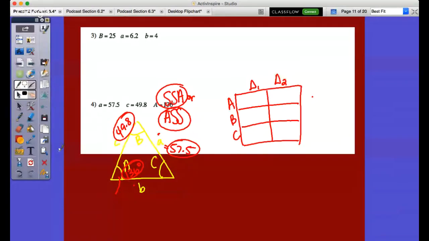So as we look at this, let's do the law of sines, where we do the sine of 136 over 57.5 is equal to the sine of, the only one we could do is here because we don't know B or little b. So we'd say sine of big C over little c, which is 49.8.